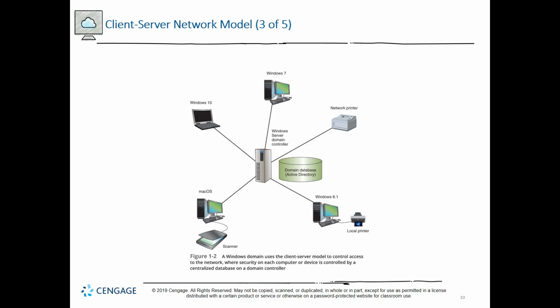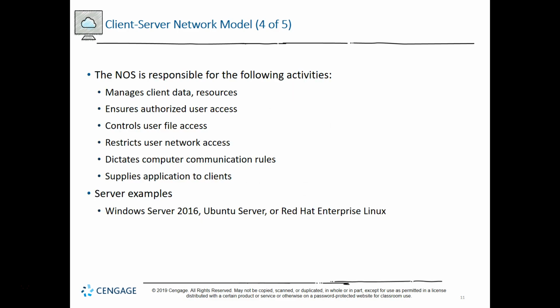Everything is controlled through a client-server model. So who gets in there? What kind of rules? What kind of resources are available? So there are a lot of different types of server. I speak about the Windows server because we see those most commonly in business.